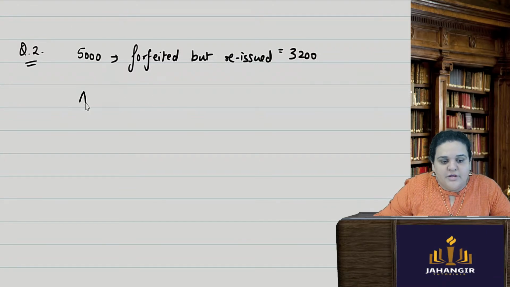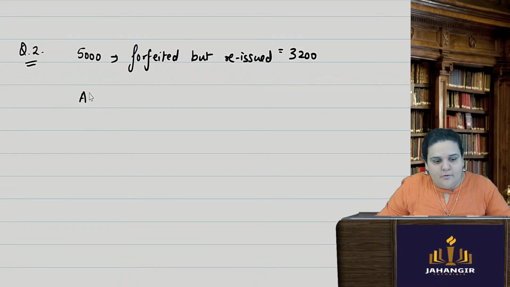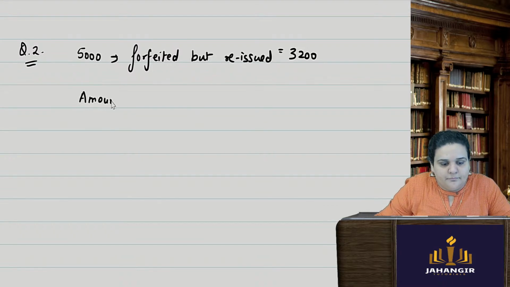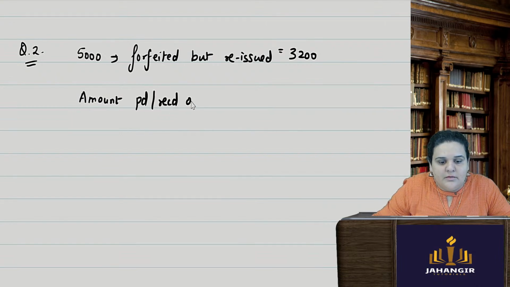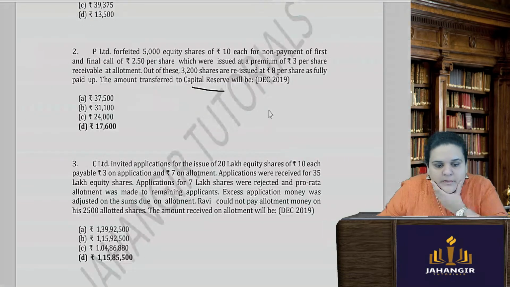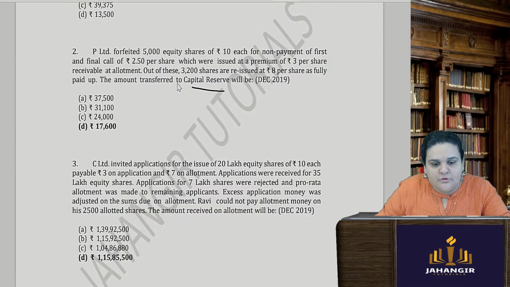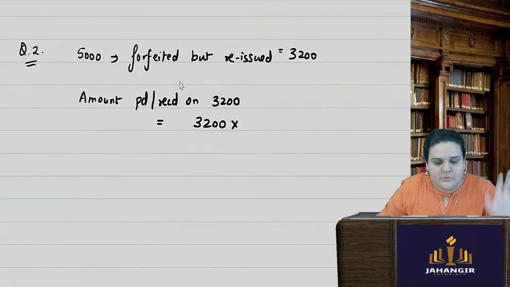Share forfeiture is always the amount paid, no? The amount received on 3,200 shares will be 3,200 into, it is non-payment of first and final call. 2.5 is only unpaid. So for a 10 rupees share, 2.5 is only unpaid.